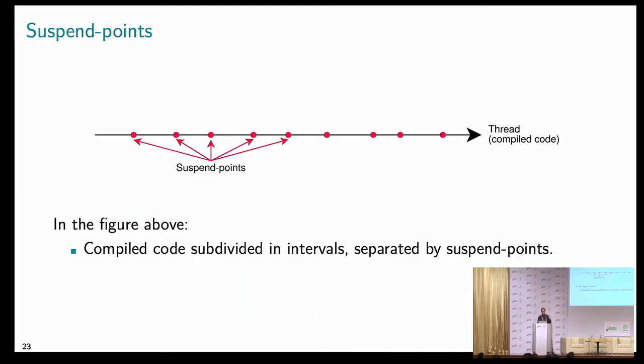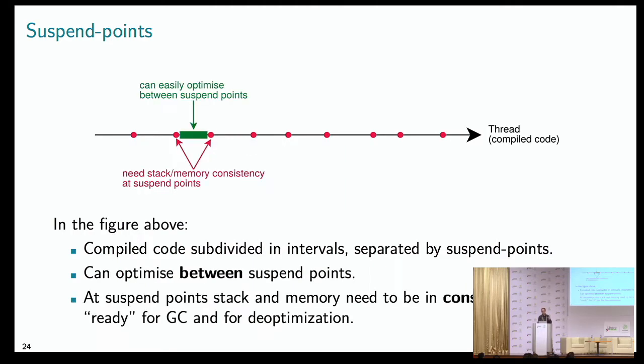So you see that the compiled code is subdivided into intervals, which are separated by suspend points. Now, between suspend points, we can carry out optimizations and optimize the code. However, when we reach a suspend point, we need to make sure that the heap and the stack are in a good state so that the runtime can take over and run things like garbage collection or the optimization.